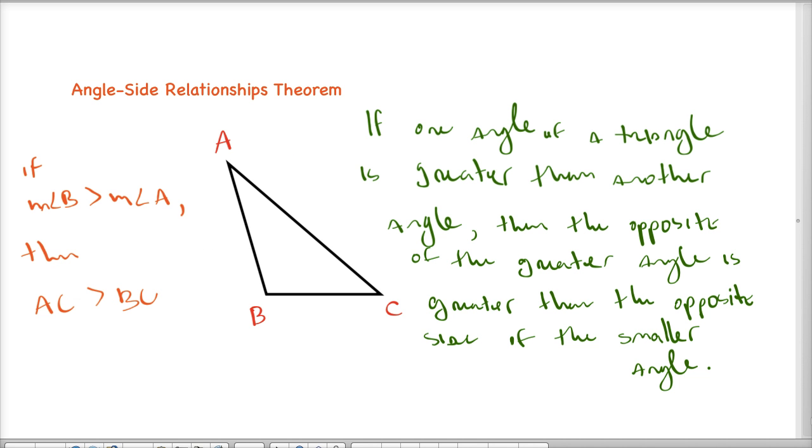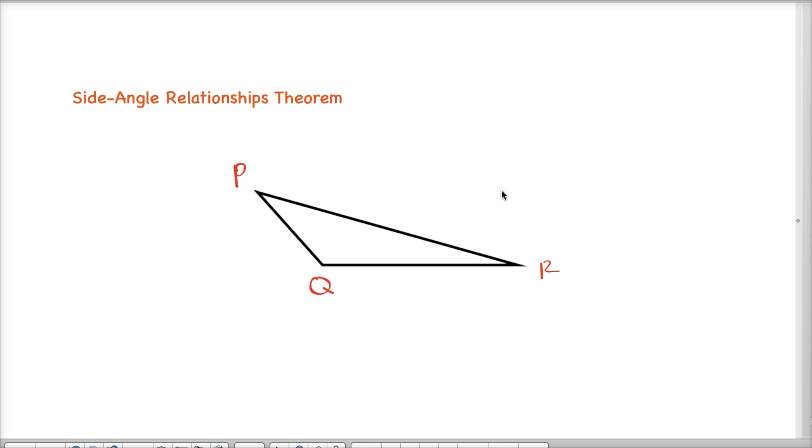Okay? And then following off of that, we have the side-angle relationships theorem. And this is just kind of the converse of the previous theorem.